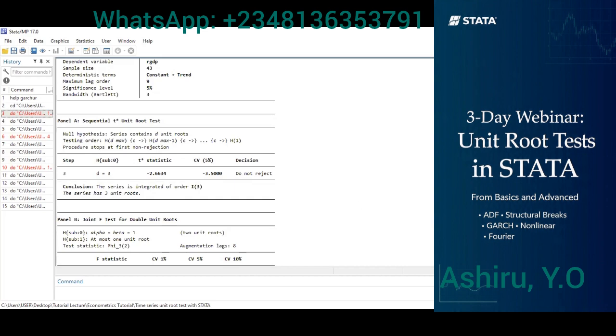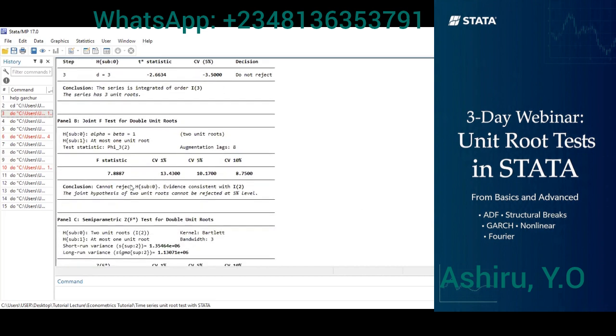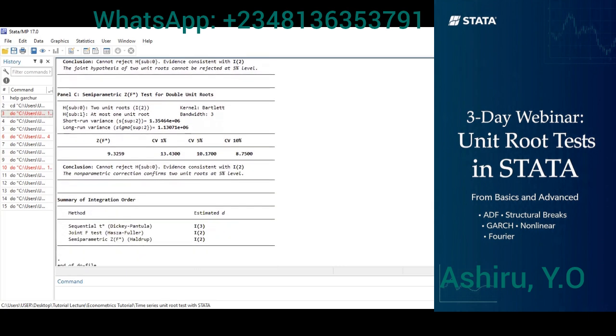Then we use the second test, which tests for the second difference. It says the series is integrated of order 2, that is, the series is only stationary at second difference. And we also cannot reject this hypothesis. We move to the last one.